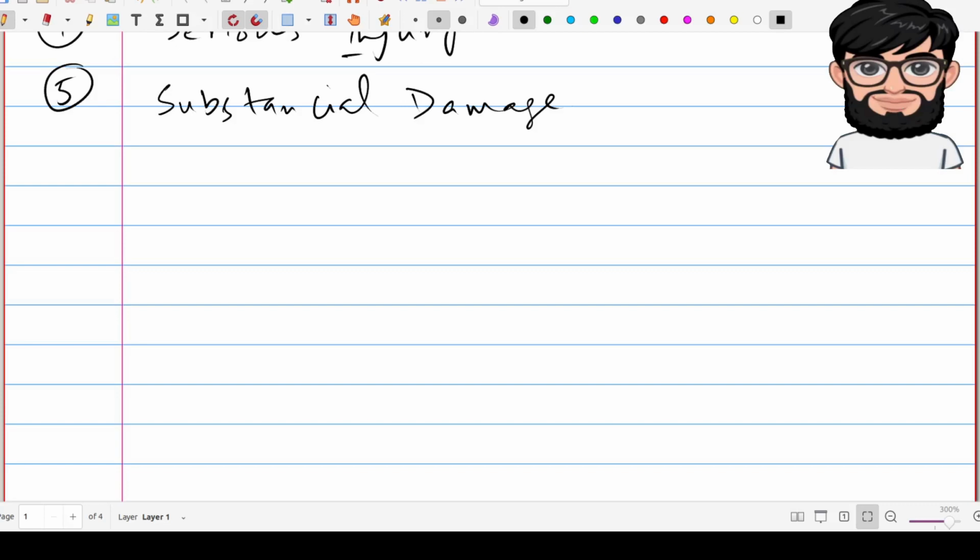Examples would be bent fairings or cowling, dented skin, small punctured holes in the skin, right? Again, it keeps going on, like damage to the landing gear, wheels, tires, flaps, engine accessories, and so on.